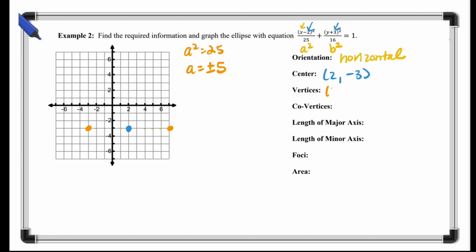And you can write those points there, 7, negative 3, and negative 3, negative 3. My co-vertices, that's my minor, so that's my b value. So b squared was 16, so b is plus or minus 4. So in the y direction, go up and down 4.